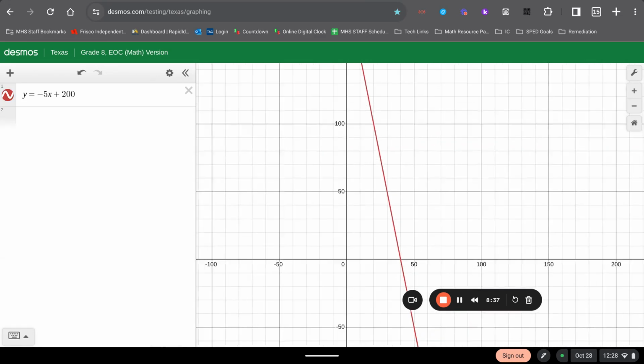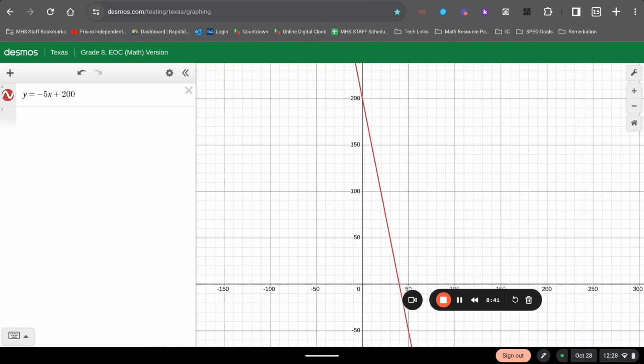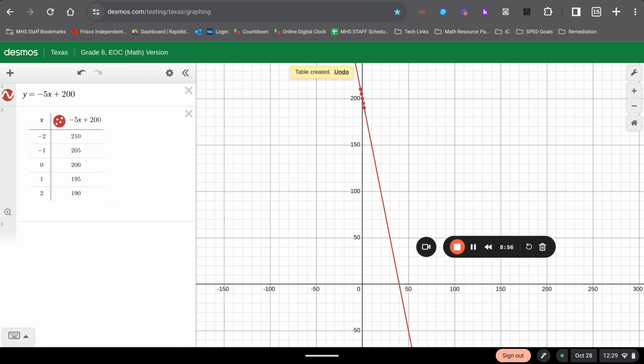It's pretty big. The nice thing about the Desmos calculator is that with your hands, you can get your window adjusted. Okay, but if I want to turn this into a table, I'm going to hit this little gear right here, and I'm going to hit the table button right there, and it's going to automatically transfer that over into a table. Now you might notice mine doesn't start at 0 this time. It goes -2, 0, 1, 2.